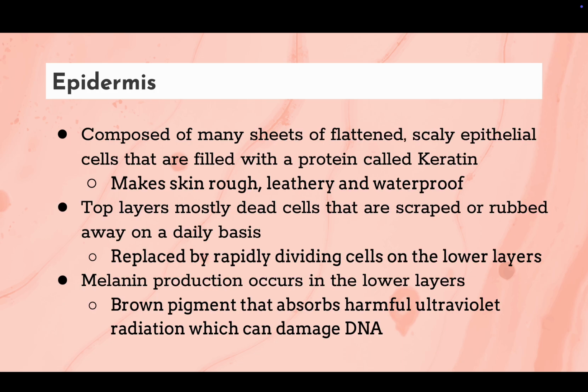We'll start with the epidermis. Epidermis is basically several layers of skin cells that are becoming more and more flattened as they move out to your outer skin. I'm going to show you a diagram here coming up, but these are basically epithelial cells.